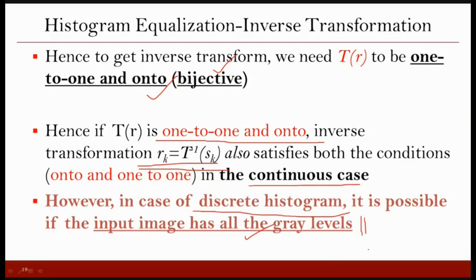In the continuous function, whatever we have discussed was enough. But if we are talking about the inverse transformation for discrete images, then we need to have all the gray levels in the input image. That means you should not have any gray level where the image doesn't have any pixel, that is, where the value in your histogram is 0.